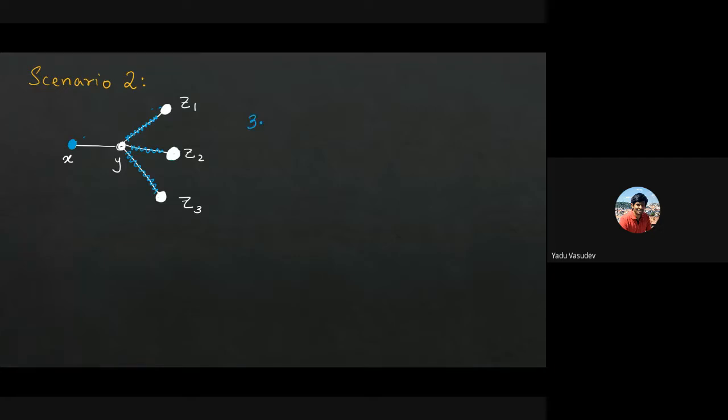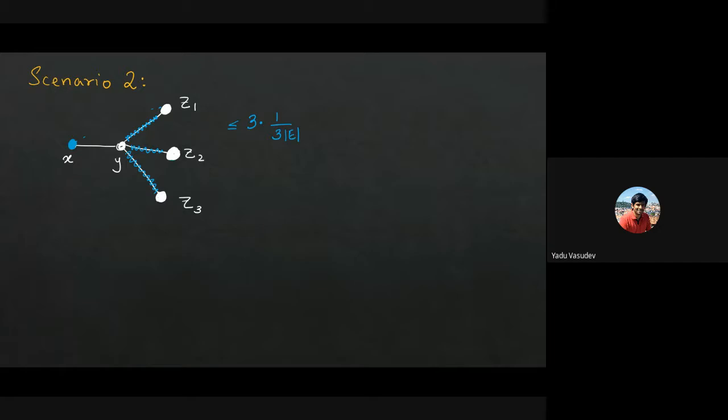For each of them, the probability that you choose that particular edge and make that particular move is something like 1 over 3 times e, and there are 3 possible edges which can do this.